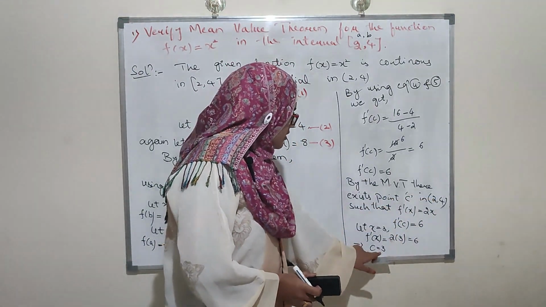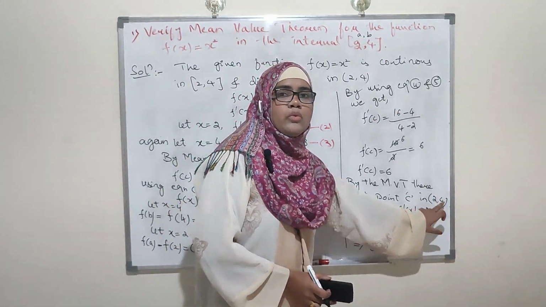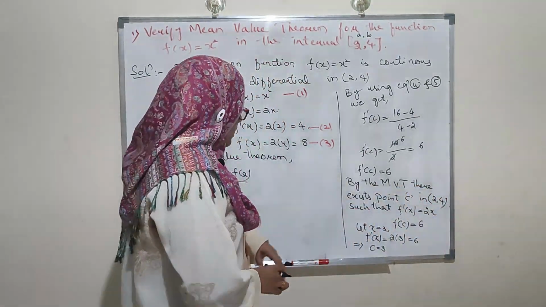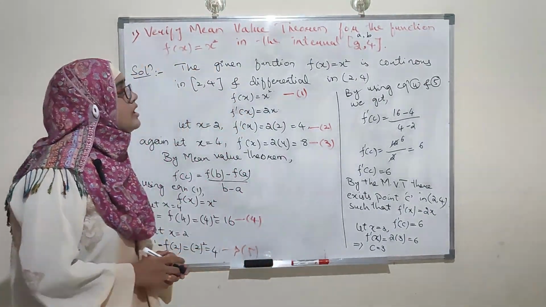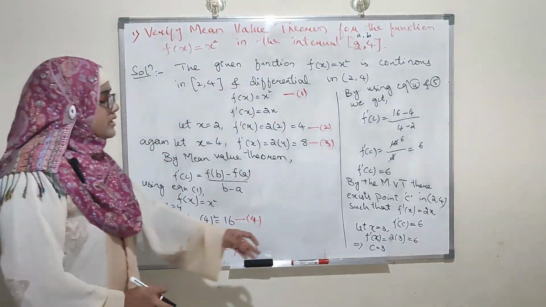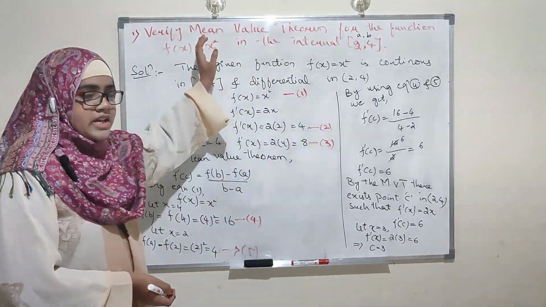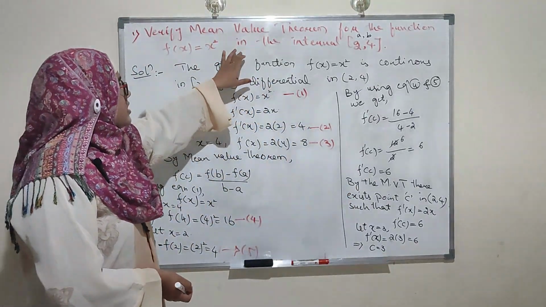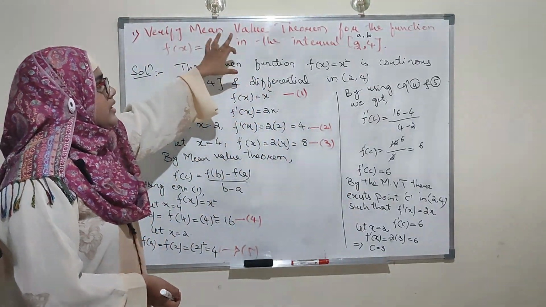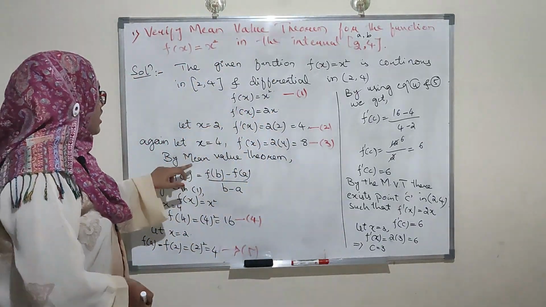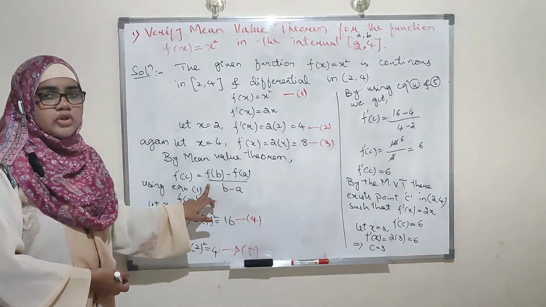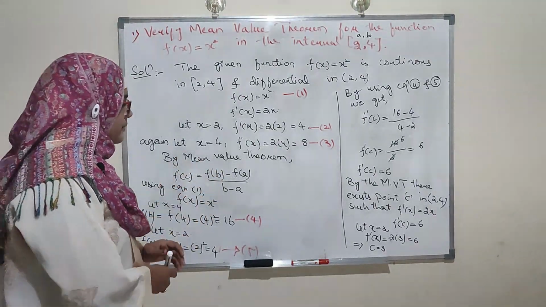We can see the number 3 lies between 2 and 4. That is the verification of the mean value theorem. Hence we proved that the function satisfies the mean value theorem because there exists a point c.